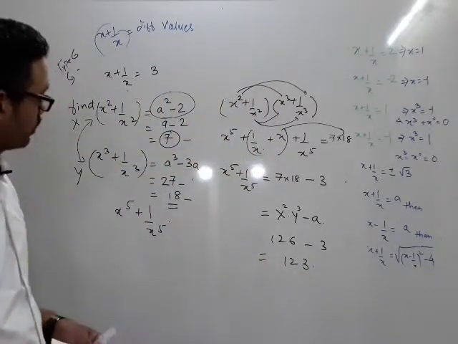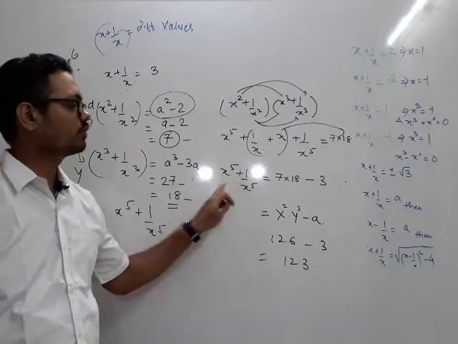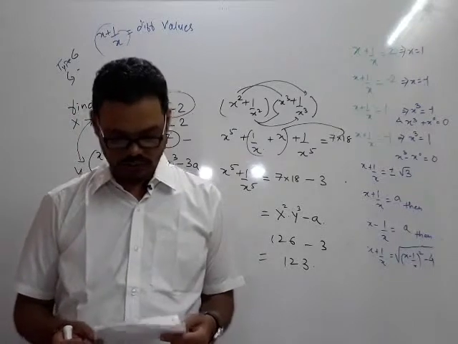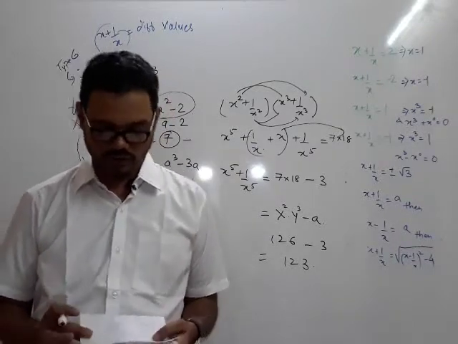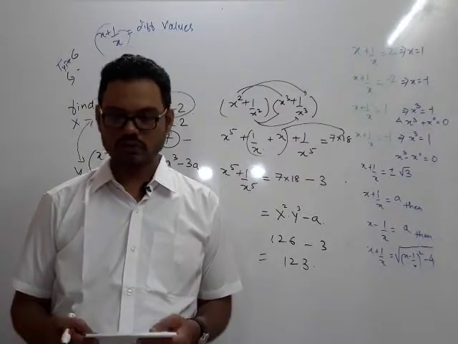Alright. So this is the formula for x raised to 5 plus 1 upon x raised to 5. Now in examination, similar such questions have been asked, and they will continue asking, and you have to be careful enough while solving this.